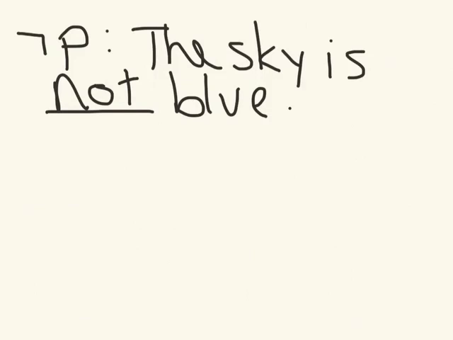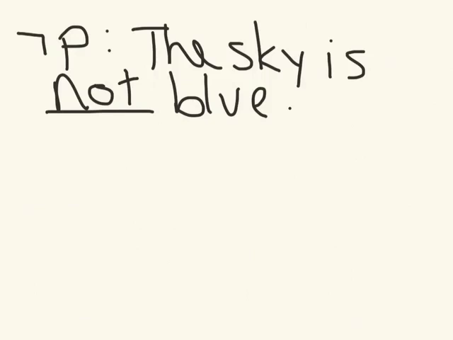So if P means the sky is blue, then not P is the sky is not blue. Notice everything I'm telling you can either be true or false. If the sky is blue, then to say the sky is not blue makes it false, right? So when we take the negative of it, we're actually changing whether it's true or not.